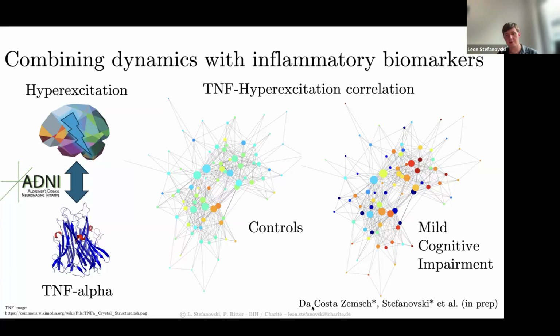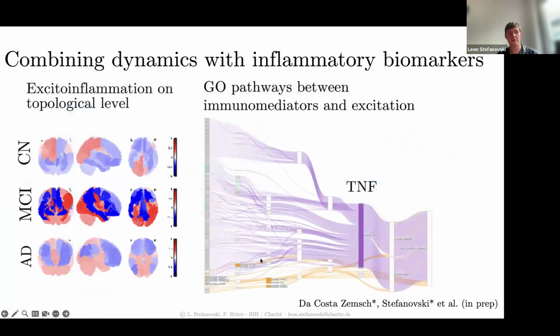And interestingly, this was increased for the group of mild cognitive impairment, not for the controls and also not for Alzheimer's disease, which goes very well along with the common hypothesis of early excitation and inflammatory response in the early stage of Alzheimer's disease, which is clinically MCI, while later on this goes back because neurodegeneration itself is more in the front.